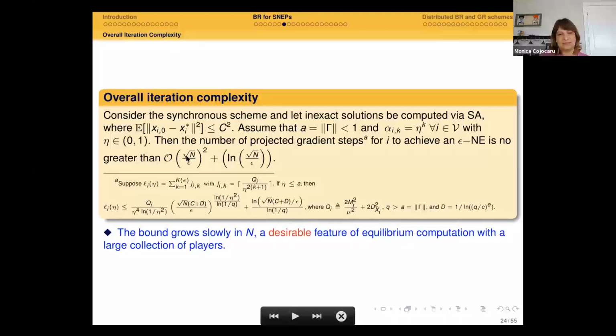But I don't expect this to be modest, because you're looking at a whole set of optimization problems. I don't have a lower bound on this. It would be nice to have a lower bound to say this is actually optimal. But I think if you reduce this to optimization, this is optimal. Right, but is there a better relationship with the number of players than square root of n in this case? I don't have an answer, Monica, but I suspect there is. Right. Thank you.